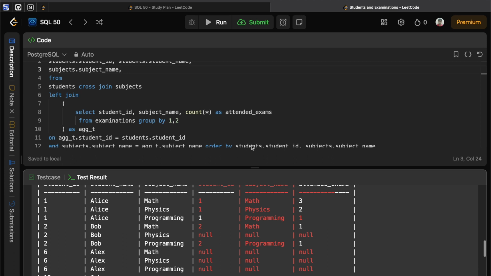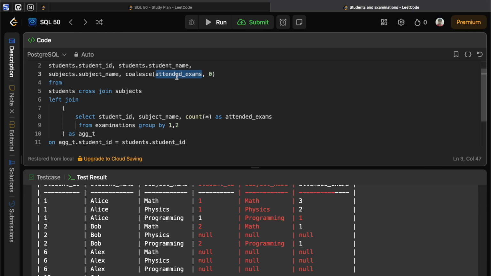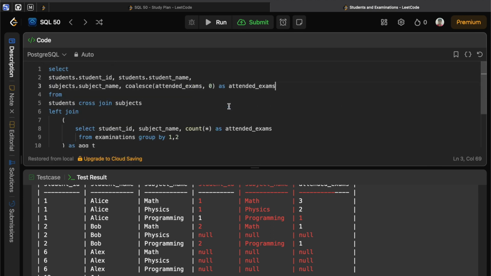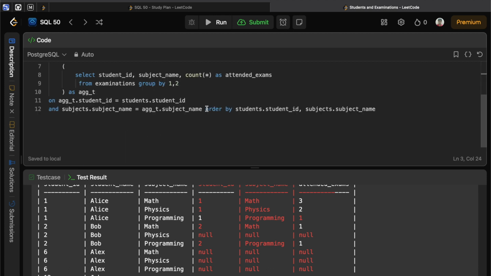So to handle that, we can obviously use COALESCE. What COALESCE does is it takes the first non-null parameter you give inside the parenthesis. So if you have attended exams, 0, whenever attended exams is null, it'll go with the second parameter, which is 0 over here. So this will give us that 0 wherever you have no exams attended for a given subject name.